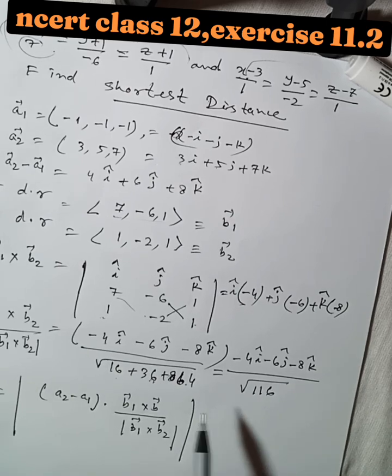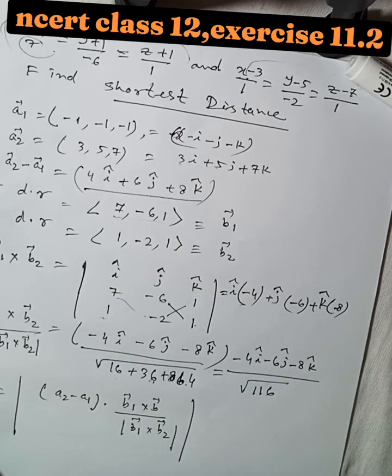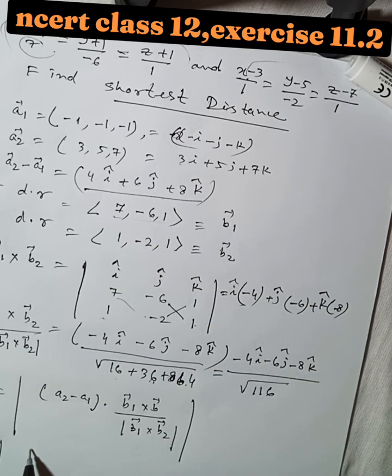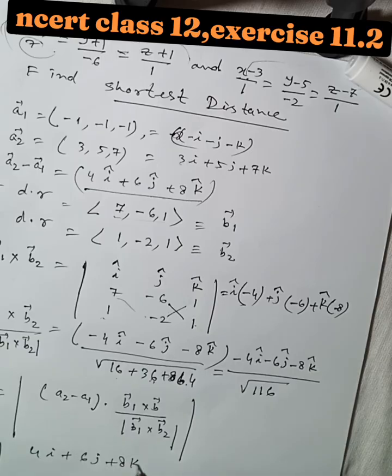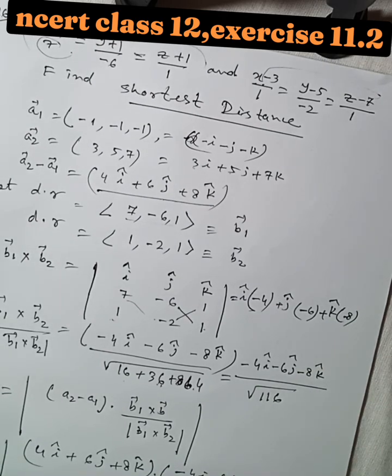This is equal to (a1 minus a2), meaning 4i plus 6j plus 8k, dot minus 4i minus 6j minus 8k, divided by root 116.